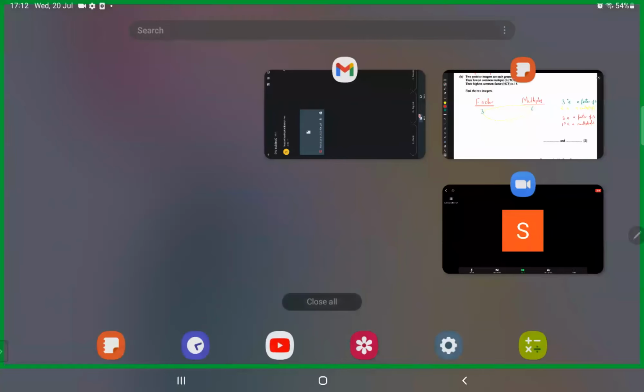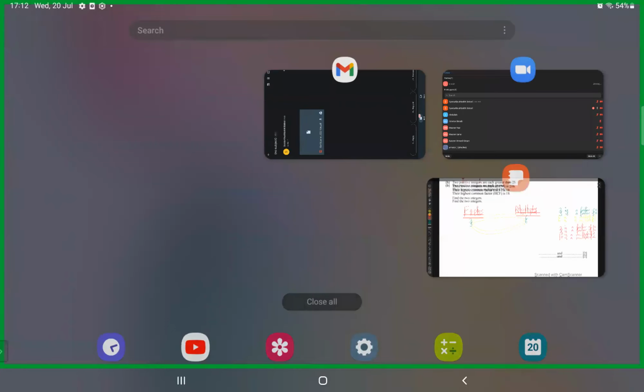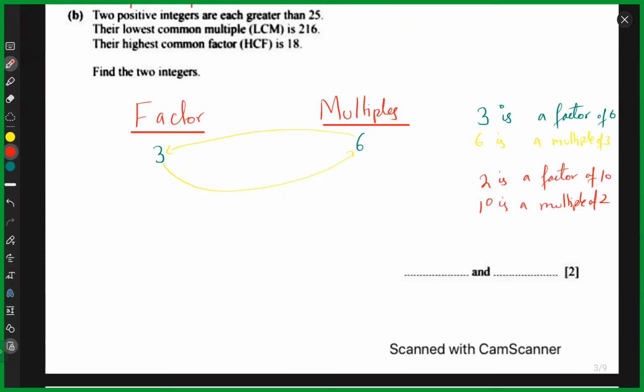Factors and multiples have this link. If a number is a factor of something, we can say that the other number is a multiple of that factor. For example, if 3 is a factor of 6, then 6 would be a multiple of 3. You can divide 6 by 3, that is why it is a factor.